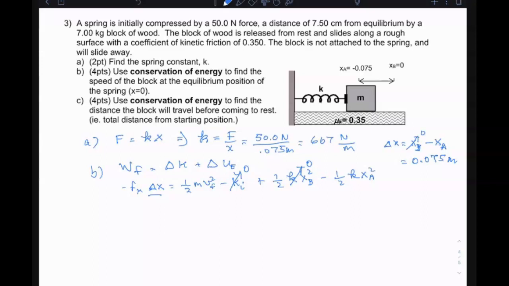If I multiply this equation by 2, I get that minus 2 fk times the magnitude of xa is equal to m v squared minus k xa squared.